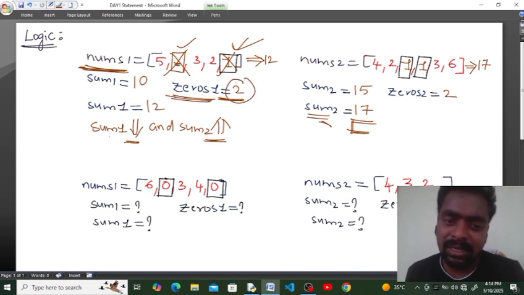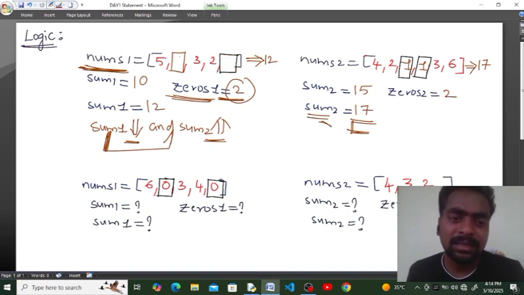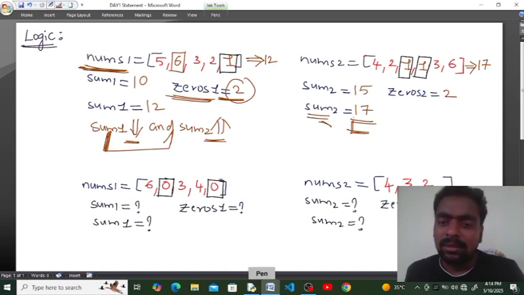We have two zeros here. That's why it is possible to make the sum1 value exactly equal to sum2 by replacing zeros with any random number. So here the answer is actually 6, and I will keep it here. So in total, this sum will be exactly equal to sum2, which is equal to 17.